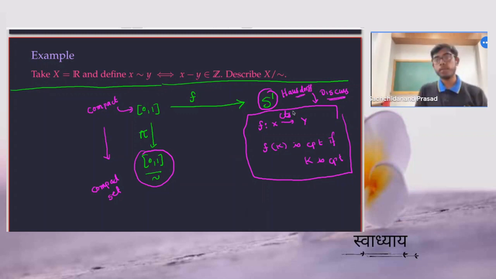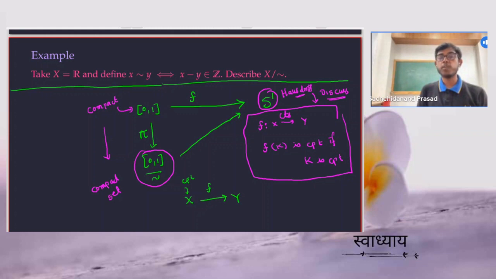Why? Because any subspace of a Hausdorff space is again Hausdorff. So S1 is Hausdorff, and it's not difficult to prove these topological properties. Therefore, I have a continuous bijection between a compact set to a Hausdorff space.